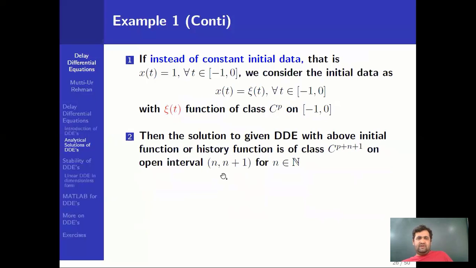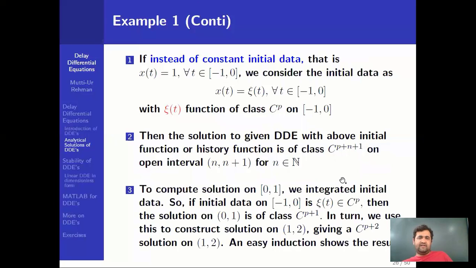Okay, so now the point is, if I want to search for the solutions to the given delay differential equation with this initial function or history function, you will see that my history function will be of the class this one, of course, over this open interval. So this is up to n plus 1. So I will have n plus 1, where n is basically a natural number.